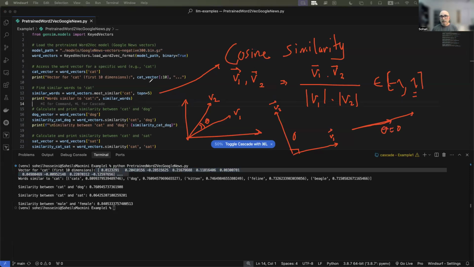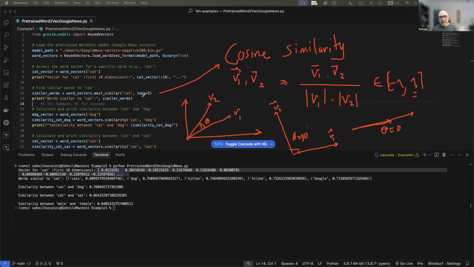The word embeddings that we have are in a higher dimension, it could be a vector of 128 or 300. And this theta would be 90, so the cosine would be almost 0. So they are basically not similar or unrelated.